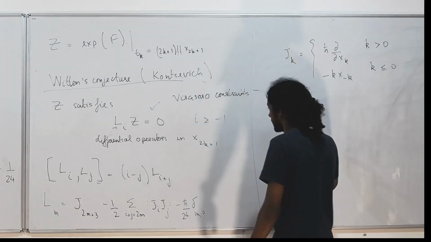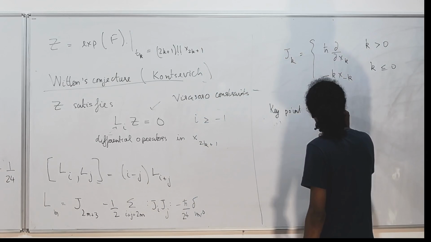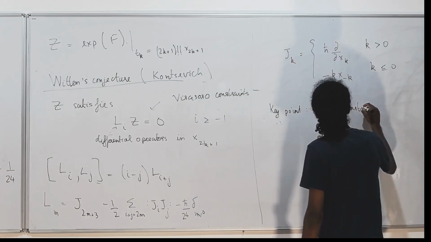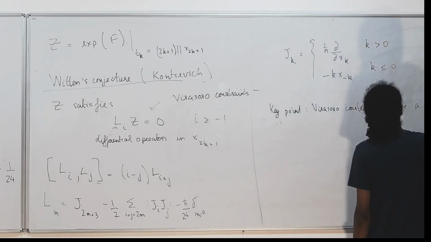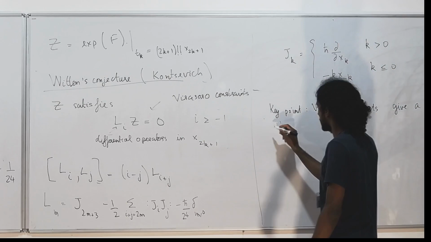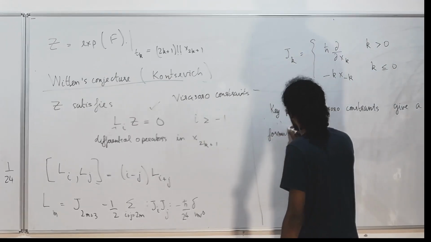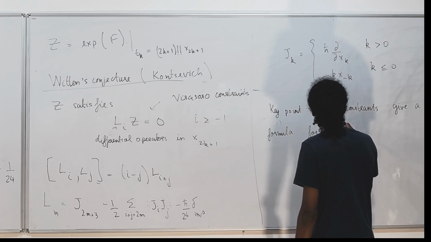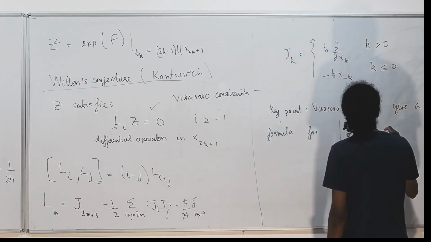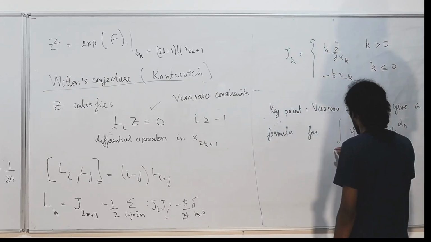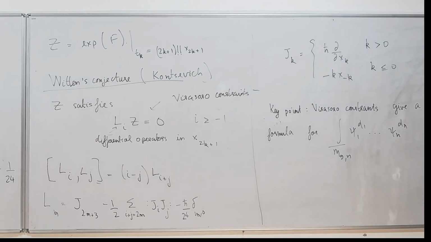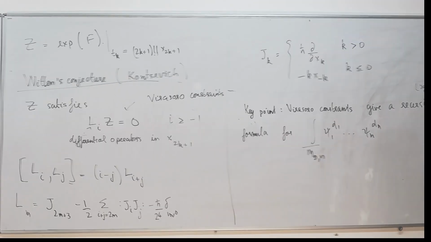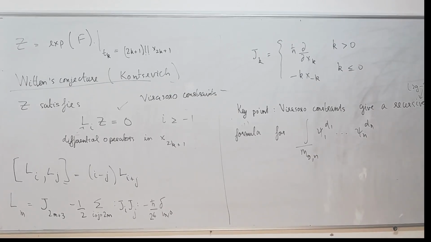is that Virasoro constraints give a recursive formula for psi class intersections. And the recursion is on the integer 2g minus 2 plus n, so it's very much like the topological recursion.